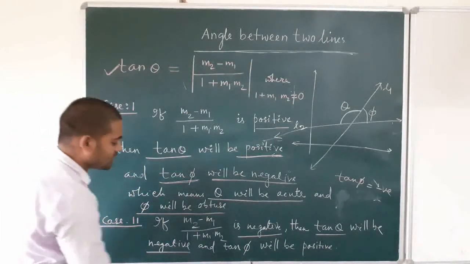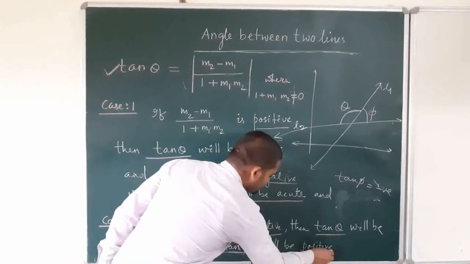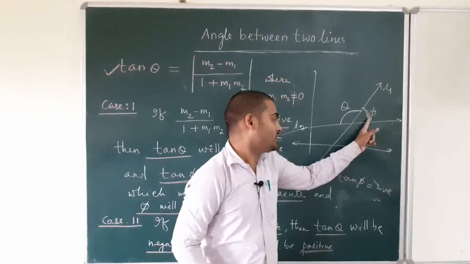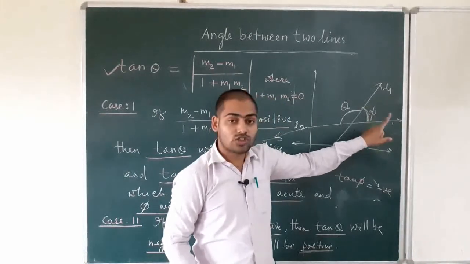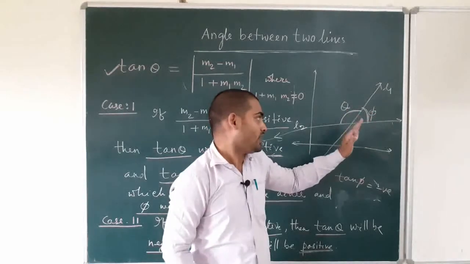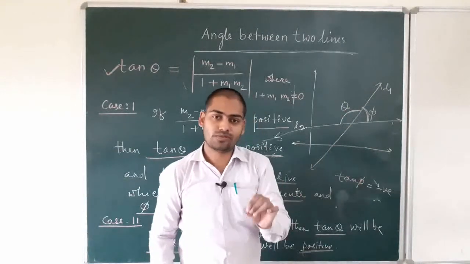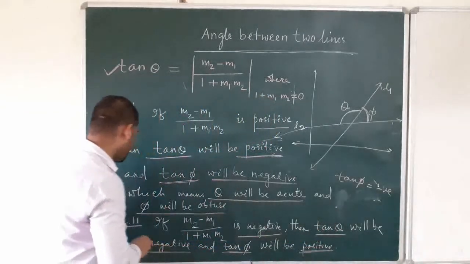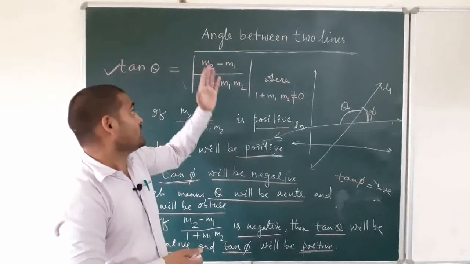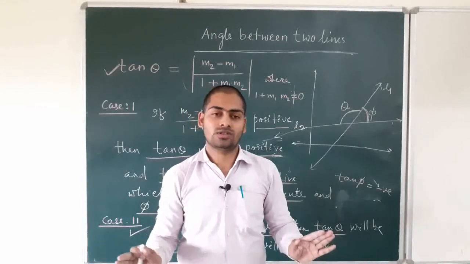If tan theta is negative, then tan phi will be positive, because phi is here an acute angle and theta is an obtuse angle in the second case. Understood, student, about the angle between two intersecting lines. Okay, friends.